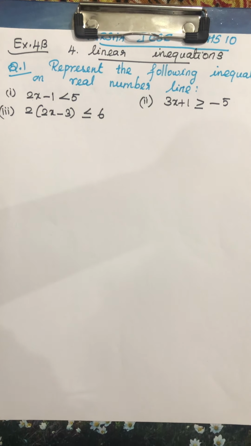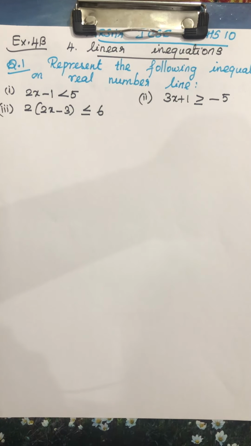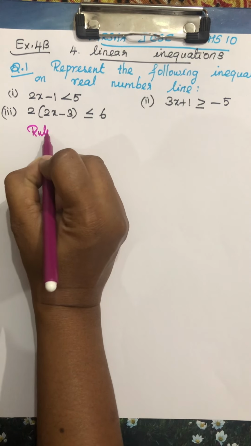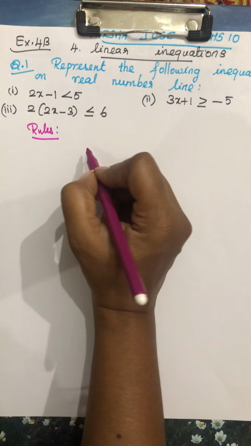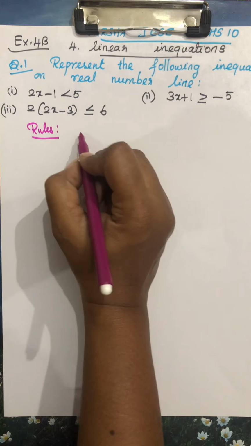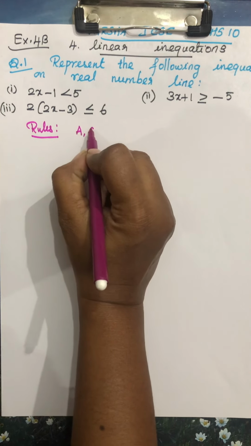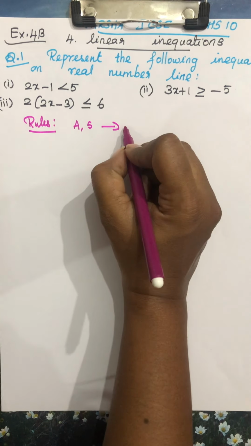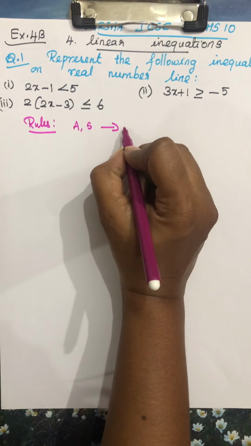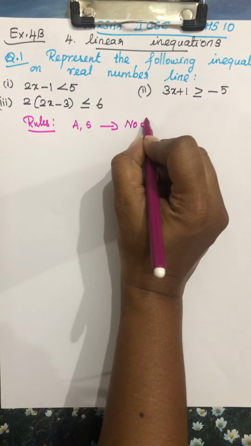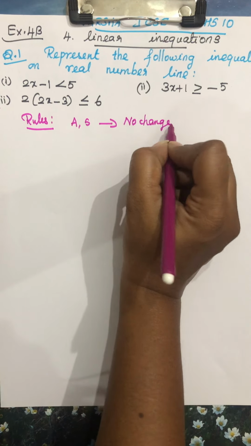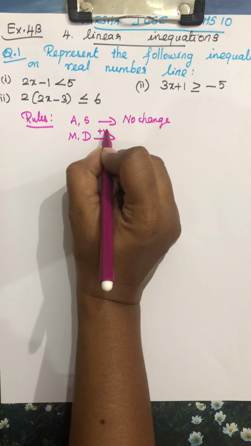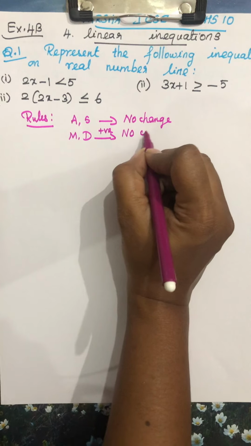Before doing the sum we have to recall the rules. What are the rules for doing inequality sums? That is so simple. For addition and subtraction of any positive or negative number, the inequality will not change. There is no change. For multiplication and division by a positive number, no change.